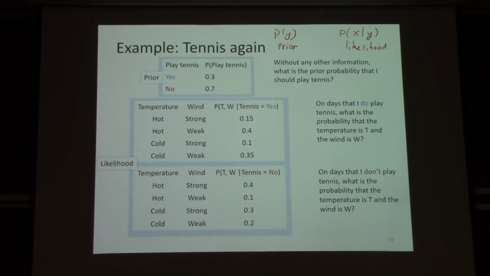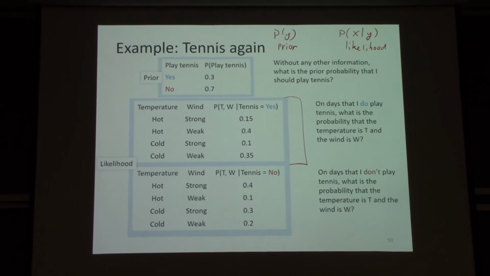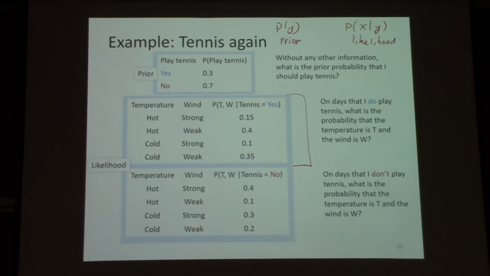And then the likelihood says, on days that you play tennis, so the top part of the table here, on days that I do play tennis, what's the weather like? So the first row here says, if I do play tennis, the probability that the temperature is hot and the wind is strong is 0.15, and so on.